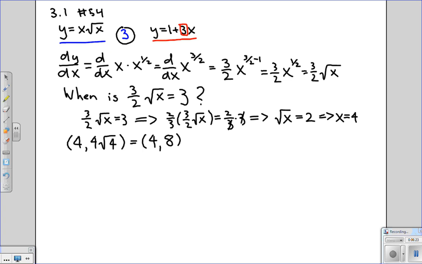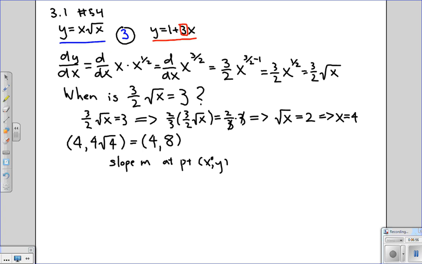So now let's get the precise tangent line equation. So recall the point slope form, which is if you have a slope m at some point x y, let's give this some specific names.